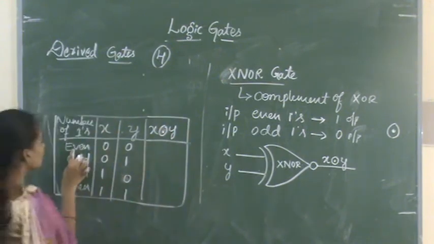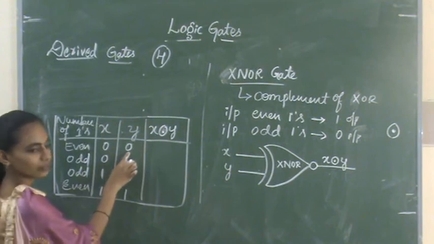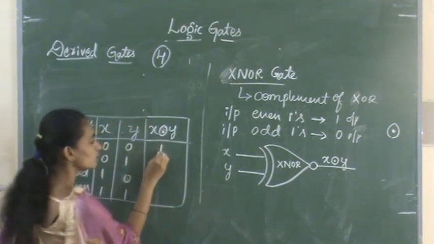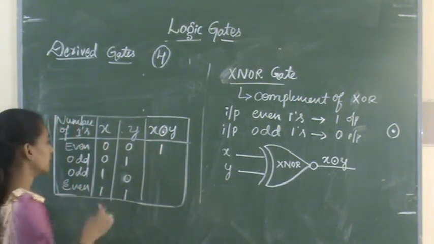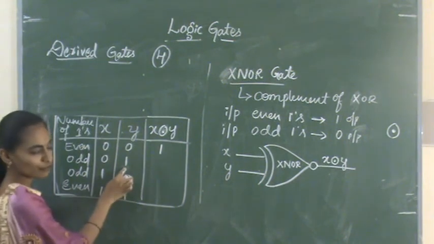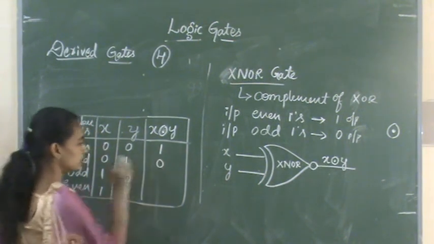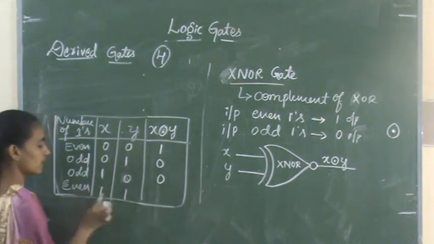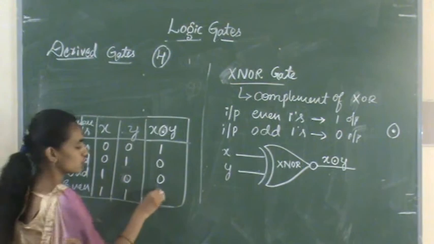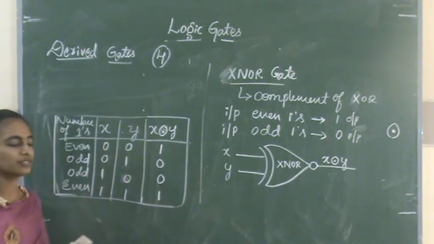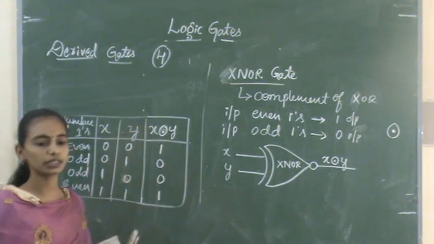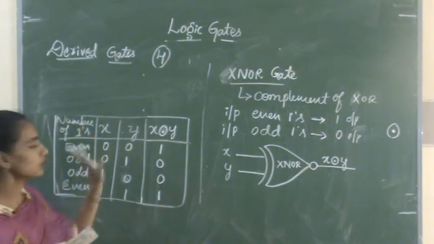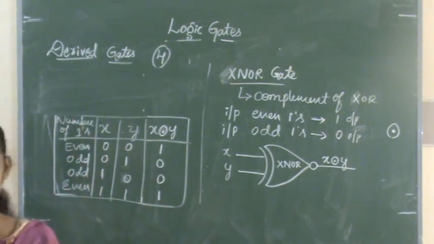See, here we have an even number of ones, so the output will be 1. Here we have an odd number of ones, the output is 0. Here also an odd number of ones, the output will be 0. Here we have an even number of ones, so the output will be 1. It is just a complement of the XOR gate. Okay, so this is the truth table.